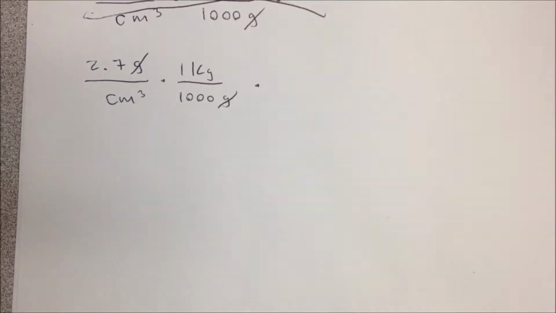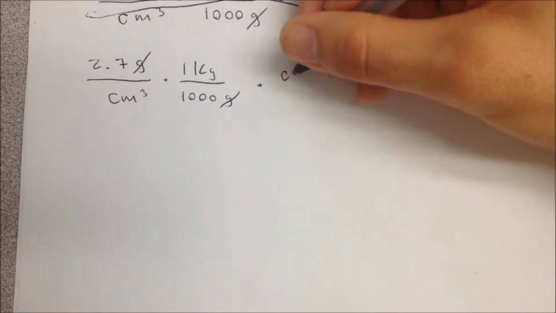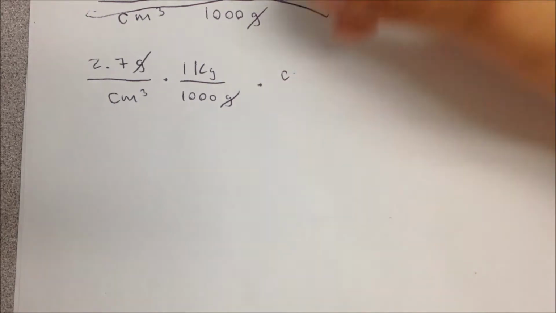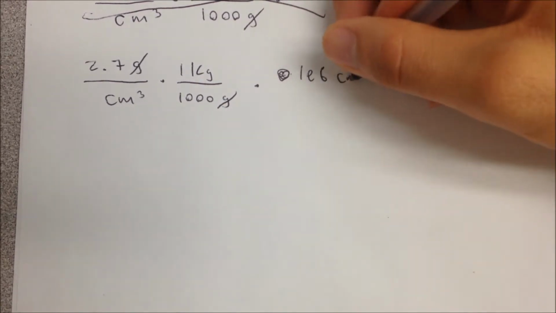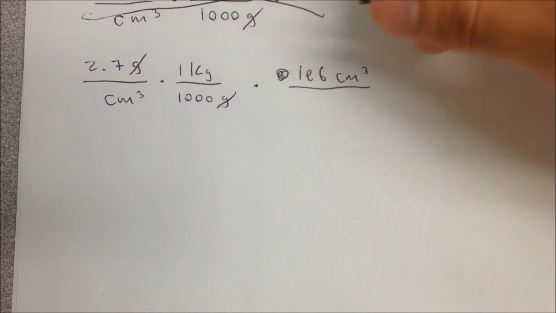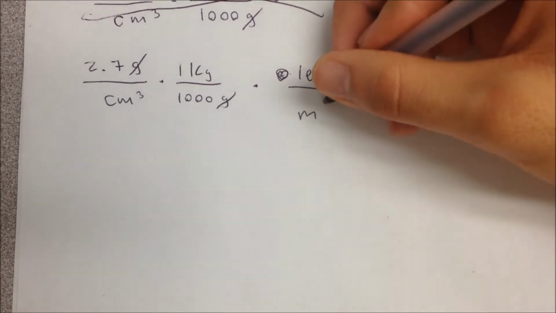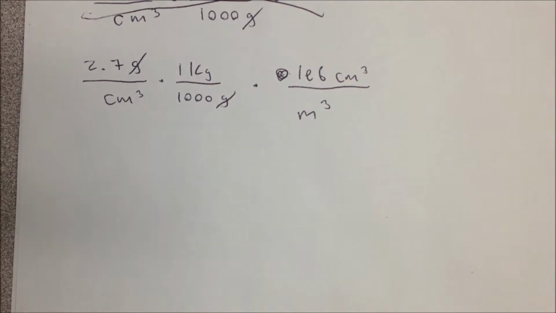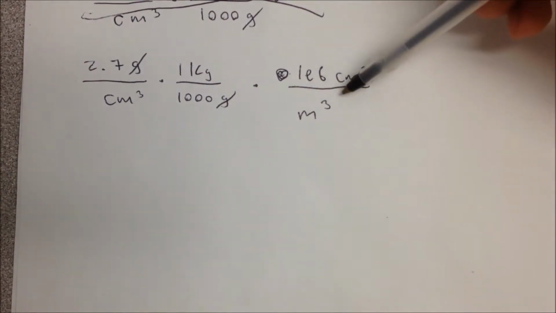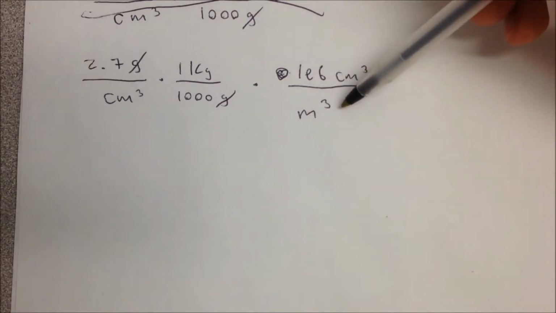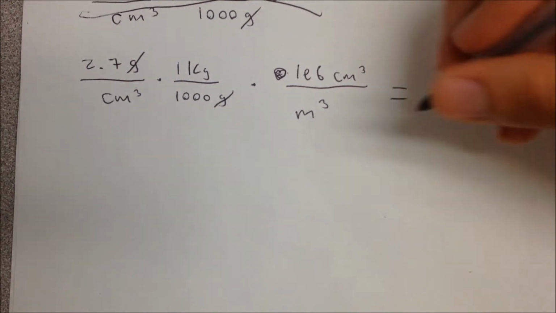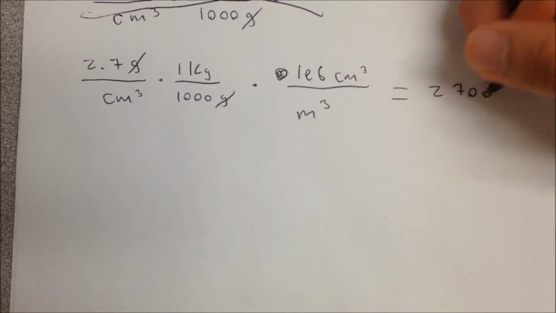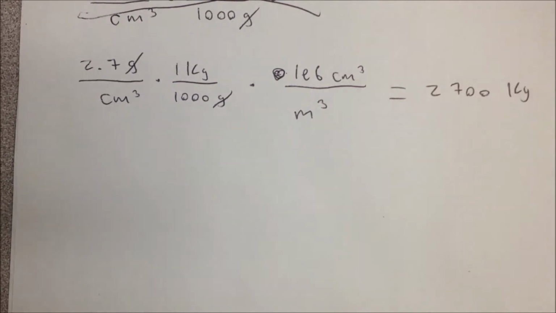And now we multiply by 1,000,000 centimeters cubed per meter cubed, because there's 100 centimeters in a meter, and since it's cubed, it's going to be 100 cubed. So this gives us 2,700 kilograms over meters cubed.